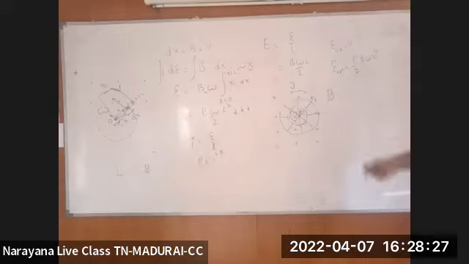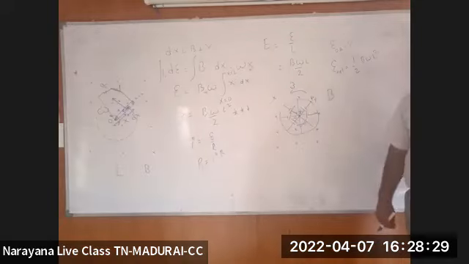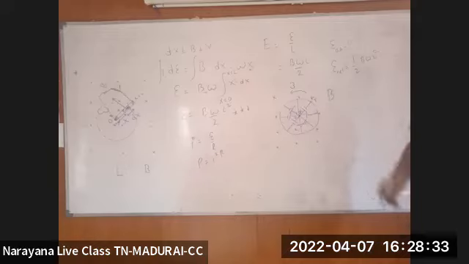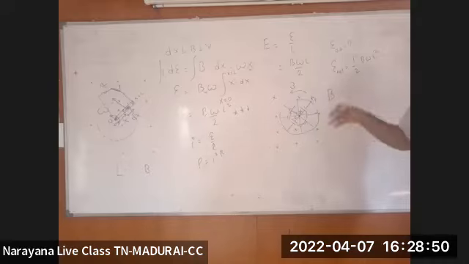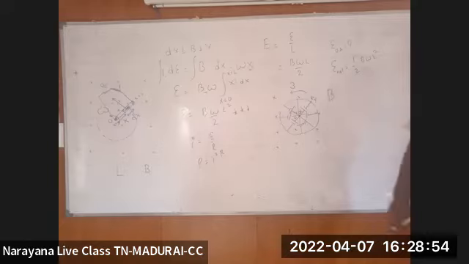I will make it more dense. Instead of a few spokes, I will add an infinite number of spokes. So what will happen? Instead of the wheel, a disk will come.